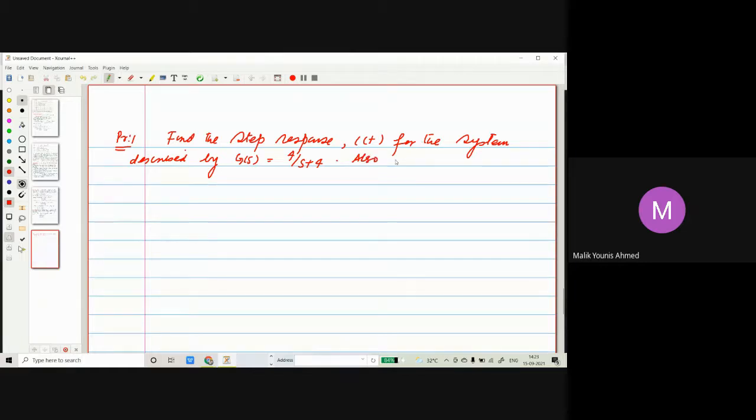Also find the time constant, rise time and settling time. So you have to find this.